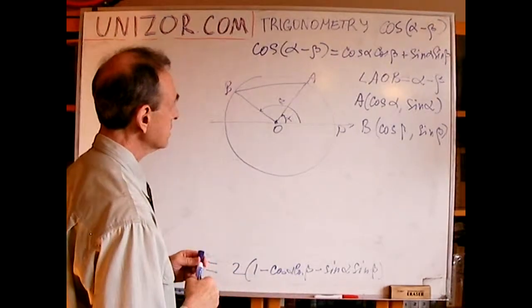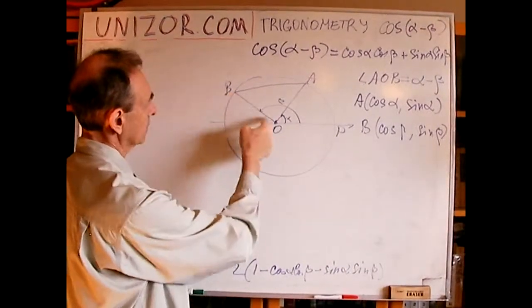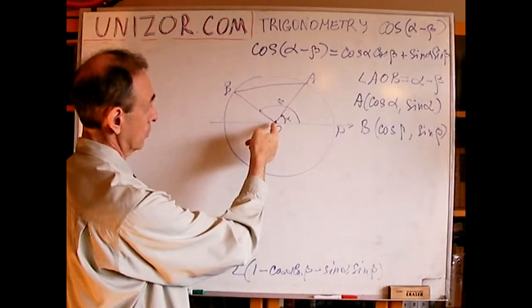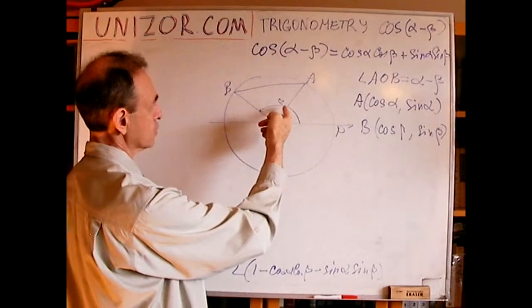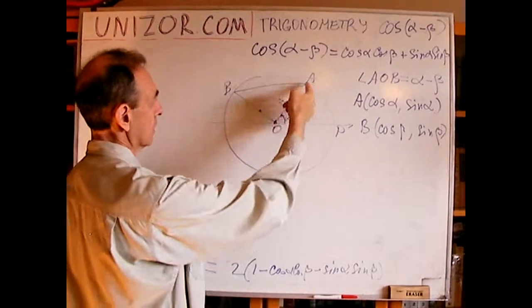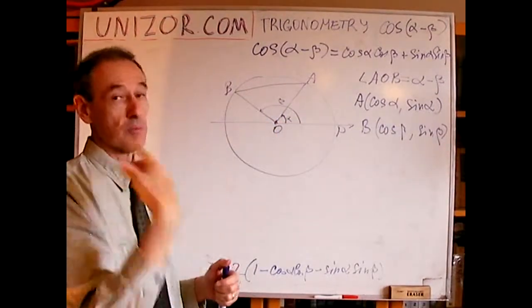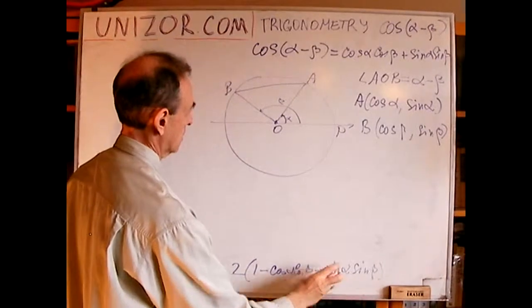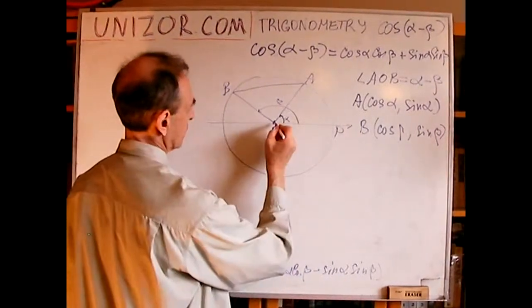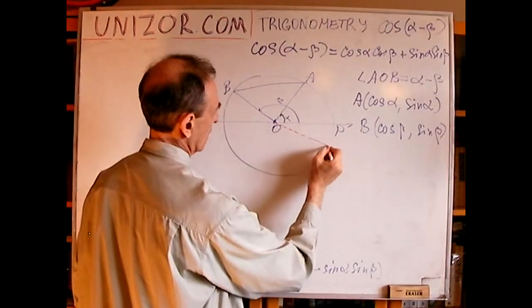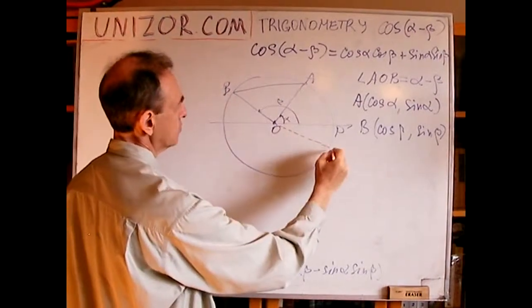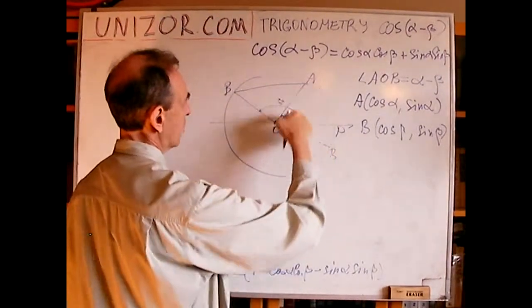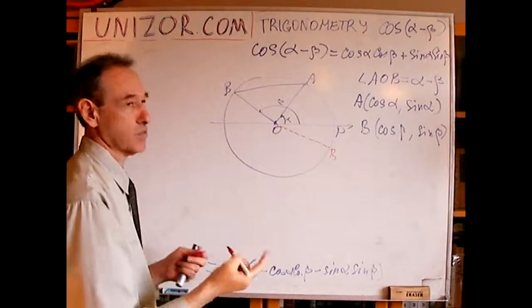In case angle beta is so large that it's larger than angle alpha by more than pi, OB would be, for instance, somewhere here. Then triangle OAB would be this one, not this one.